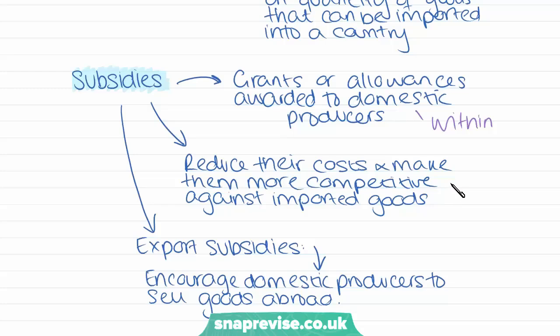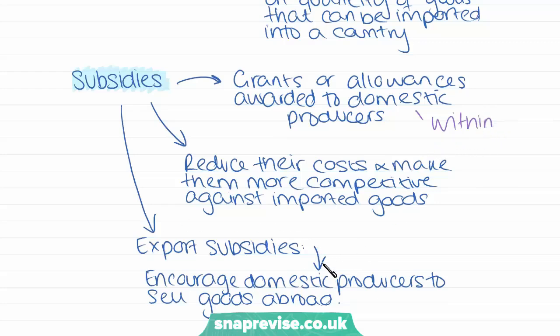So a lot of the time, consumers within a country will be buying these imported goods, which puts strain on and actually has negative effects on the growers within a country. So grants or allowances are therefore given to these domestic producers to help them compete with the international market, essentially, and so that the domestic producers don't suffer.